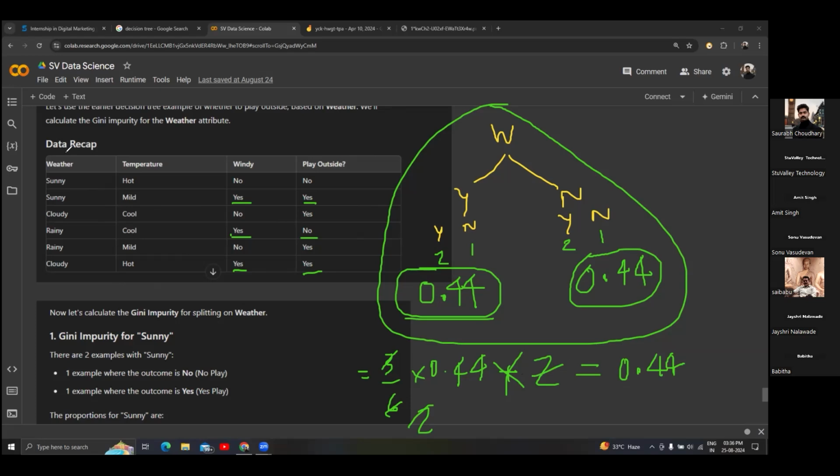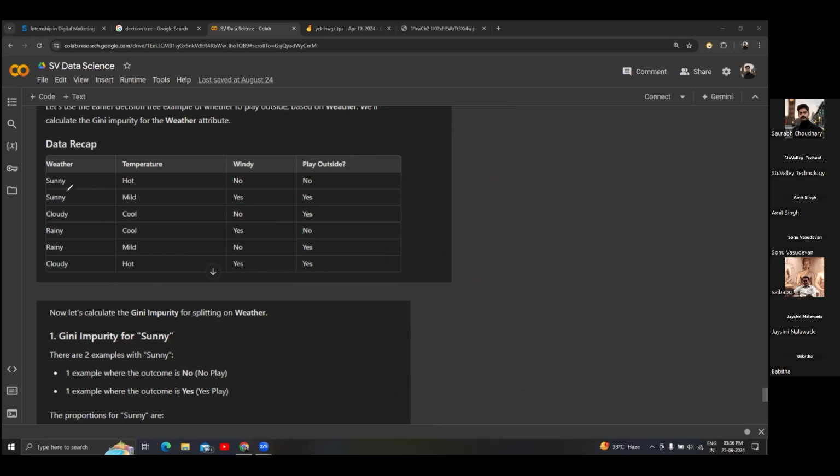The Gini impurity for this was 0.33, 0.33 for this, 0.44 for this. Who is more pure? These two. This one is pure, this is pure, and this is fourth.